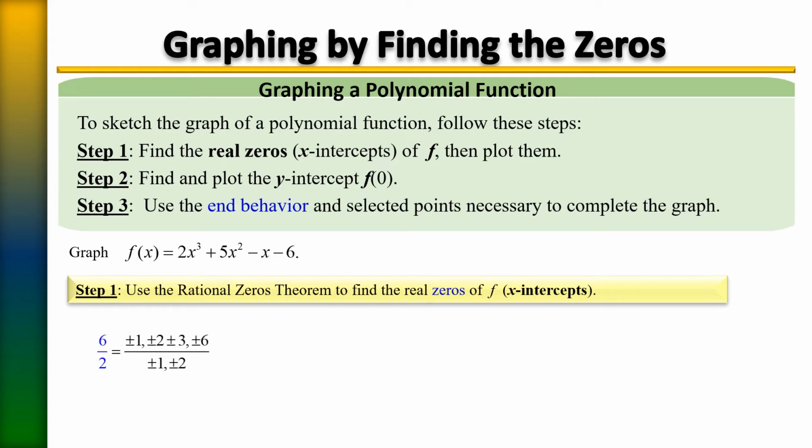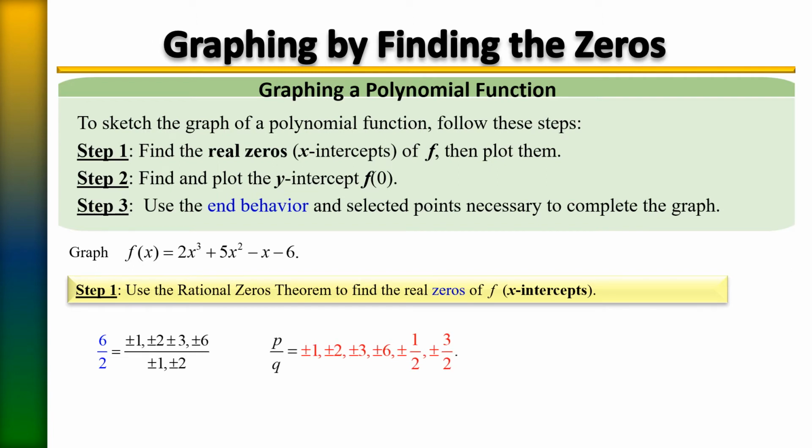So you would have plus or minus the factors of 6. We know that the numbers that give us 6 is 1 times 6 and 2 times 3. On the bottom, the numbers or the factors that give us 2 would be 1 times 2. And so listing all the possible rational zeros there, recall you're going to have to place each number on top underneath a 1. And then do it again with each number on top underneath a 2.